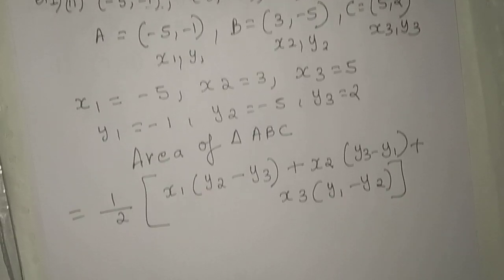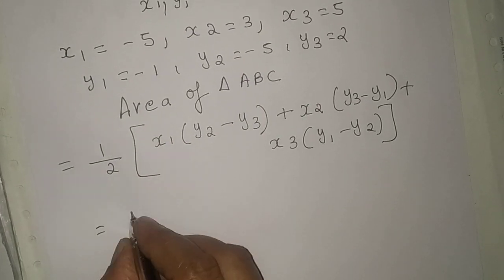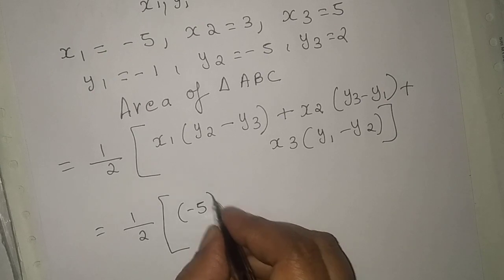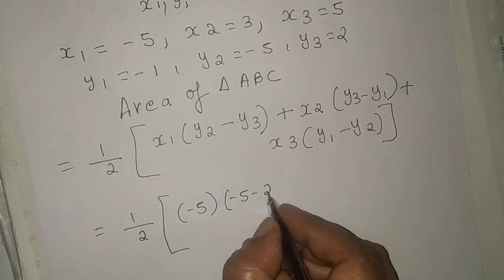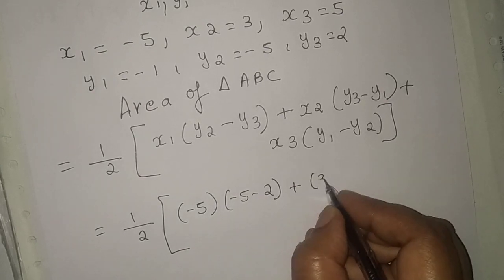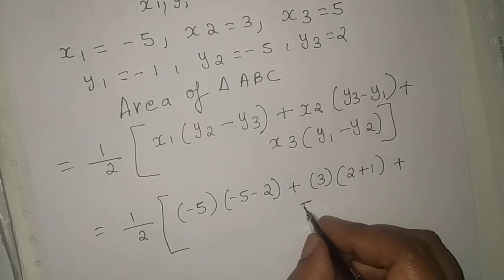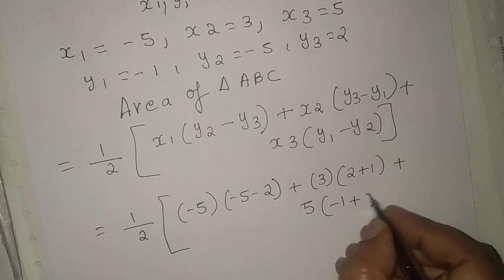Now substitute the values. So 1/2 into -5 into (-5 minus 2) plus 3 into (2 plus 1) plus 5 into (-1 plus 5).